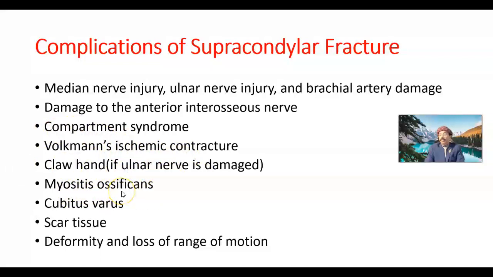Myositis ossificans, there will be calcium formation in the muscular spaces, also in the muscles. Cubitus varus is a common complication after supracondylar fracture. Deformity and loss of range of motion like any other fracture.